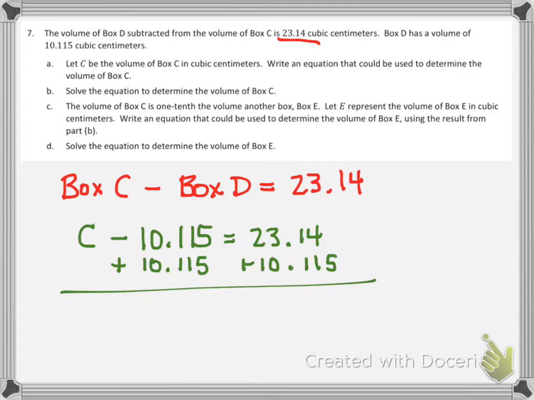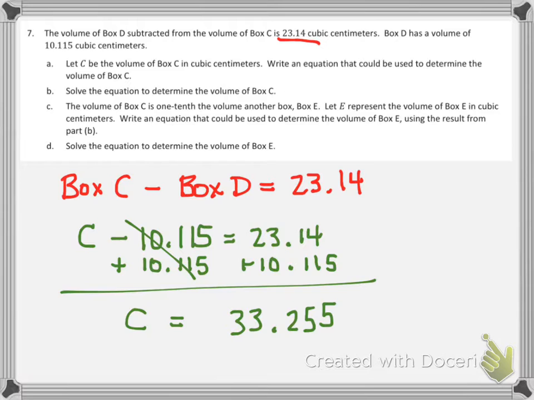That will give me box C. C is equal to, let's see, this is a 5 and a 5 and a 2, and this is a 3 and a 3. So box C has to be 33.255 cubic centimeters. So there's my equation. I've solved it, and that is box C.